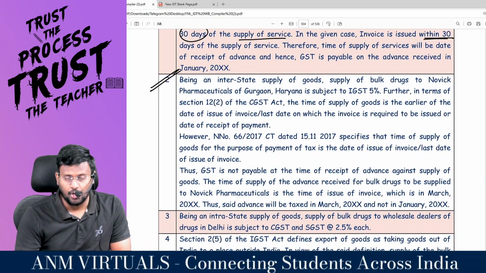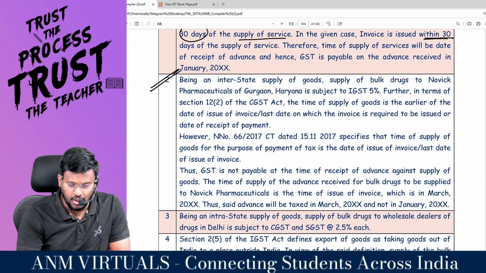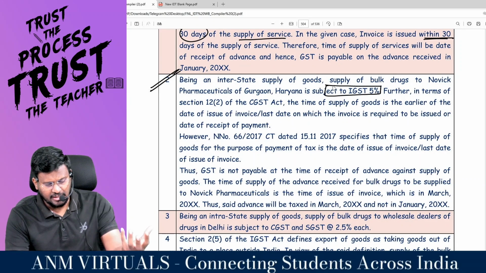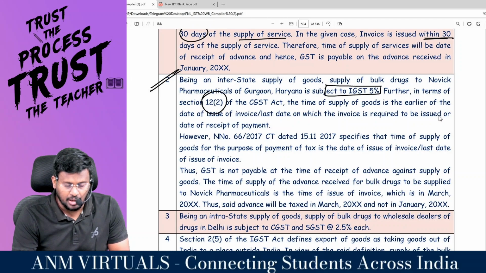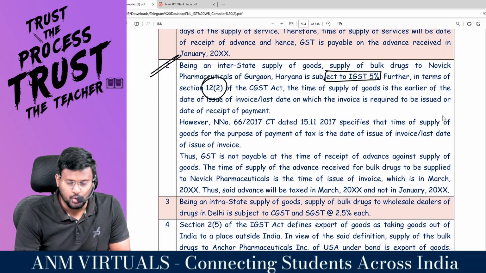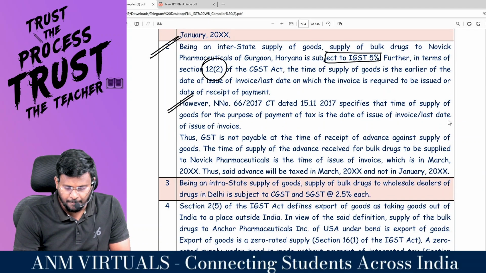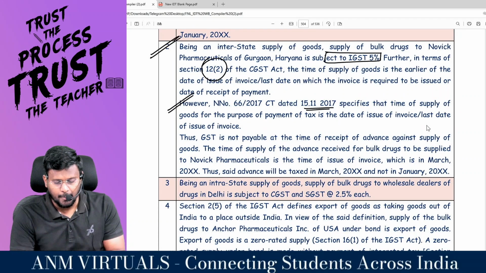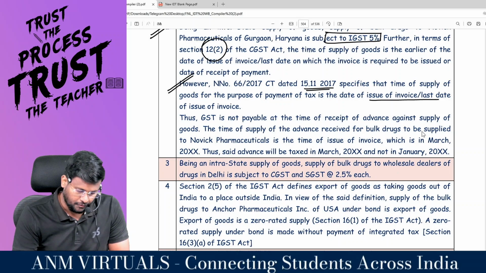Being an interstate supply of goods, supply of bulk drugs to N Pharmaceutical of Gurugram, Haryana is subject to IGST at how much percent? Further, in terms of 12(2) of the CGST Act, time of supply of goods is the earlier of the date of issue or last date on which the invoice is required to be issued, or date of payment. However, notification number 66/2017 dated 15/11 specifies that time of supply of goods for the purpose of payment of tax is the date of issue of invoice or last date of invoice.